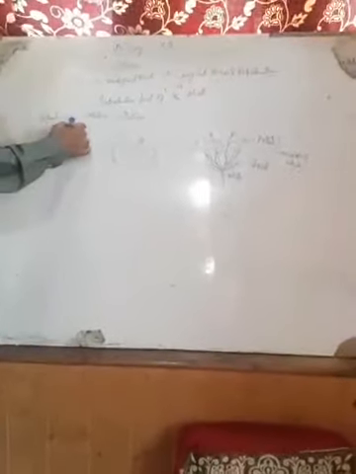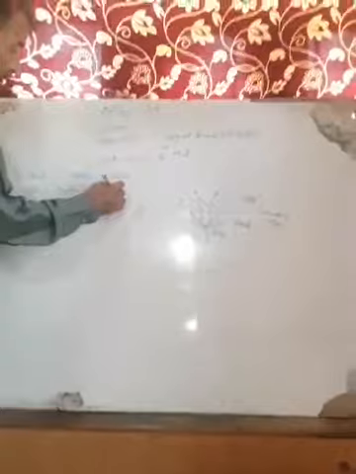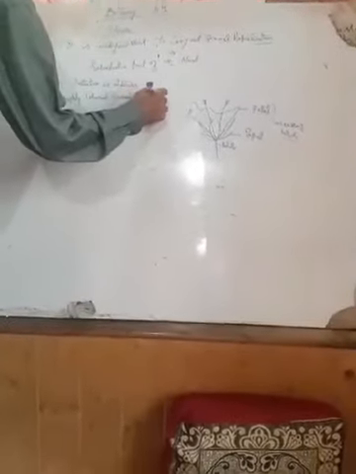Second is the petal. The petal is the brightly colored covering for attracting insects for pollination. Its main function is to attract insects during pollination.